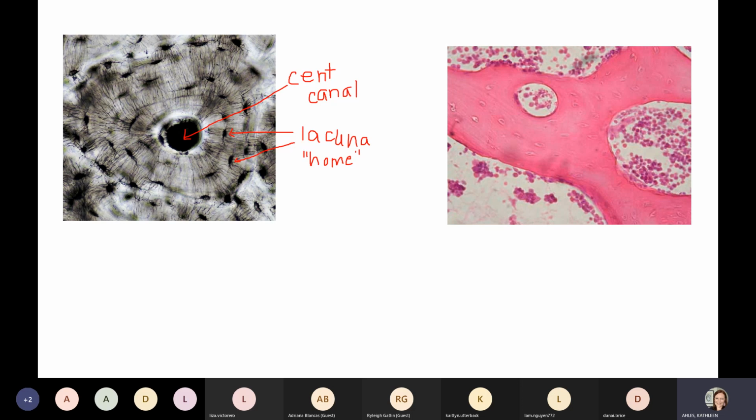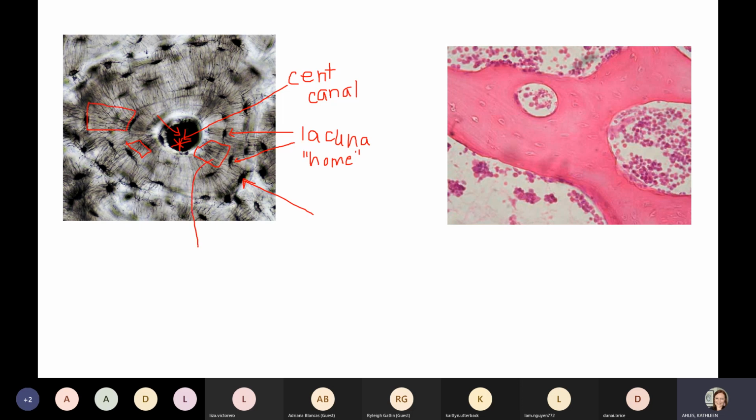When you're a bone cell and you live in compact bone connective tissue, all of the blood supply comes from this central canal in the middle. But if I am an osteocyte and I live all the way out here, that's really far away from my food in the middle. That's why I need these little stringy lines that we see all over the place, all these little trails coming between those lacuna.